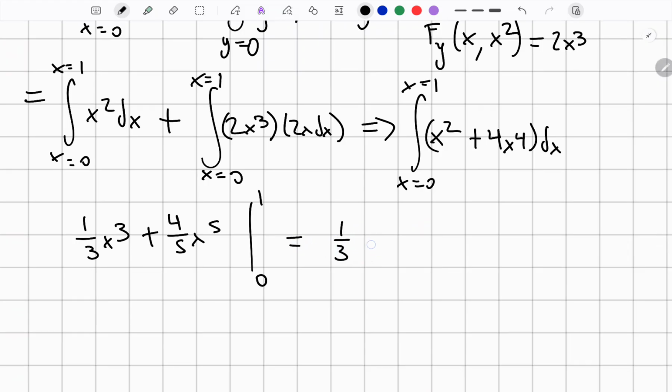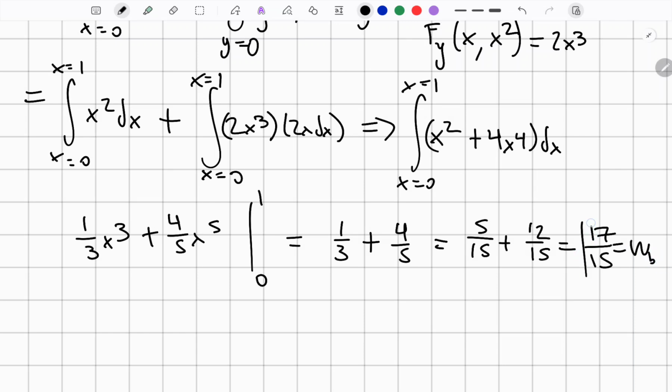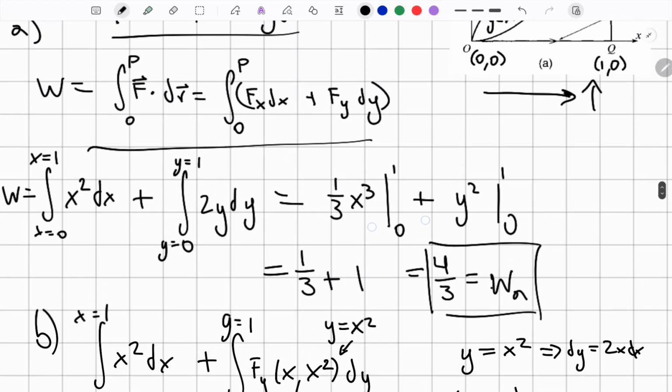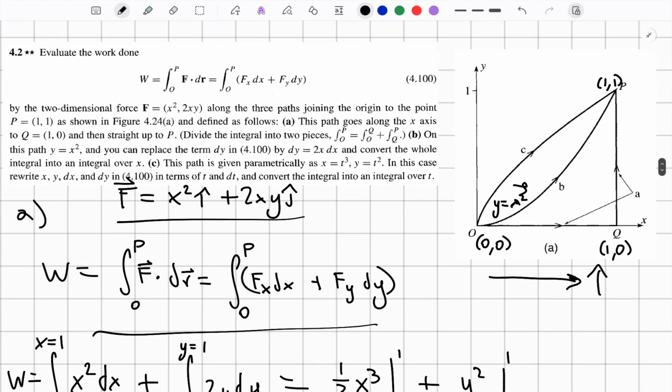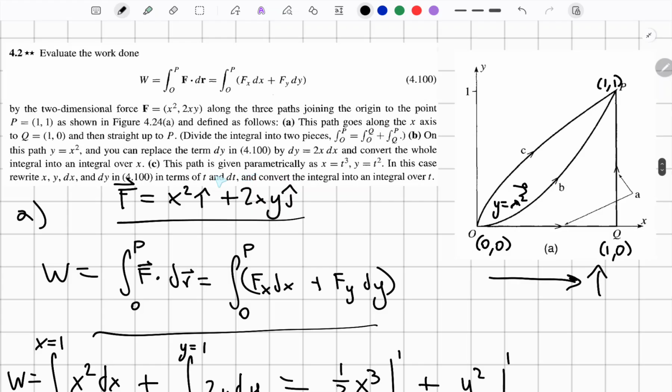That's going to be 1/3 plus 4/5, which is 5/15 plus 12/15 equals 17/15. And that's the work done along path B by that force. It's a two-dimensional force working along these two-dimensional paths. So, part C we can move on to.